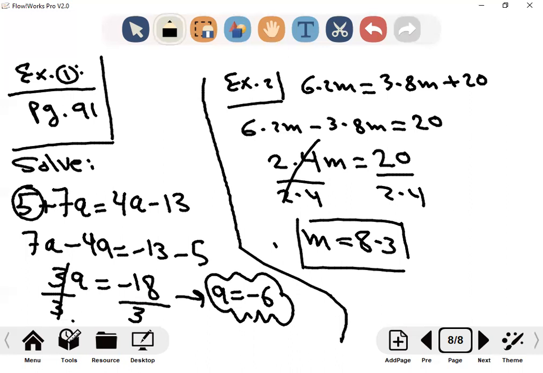So we did it. The answer is negative 6. If I change a to k, how many variables do we have here? We cannot solve an equation with 2 different variables in one equation. But if it's the same variable, yeah, we can. The variables combine.